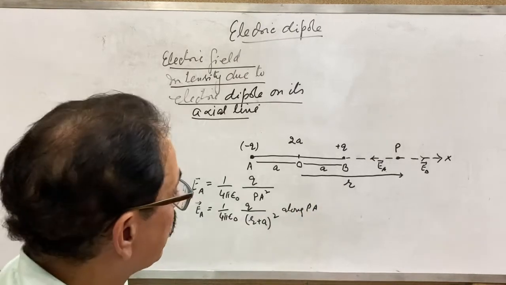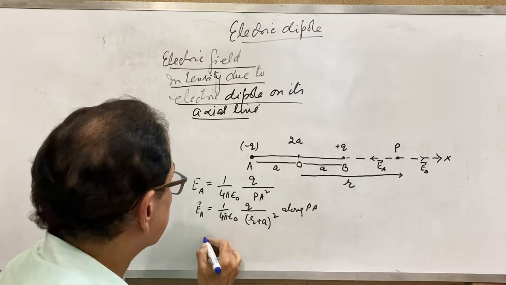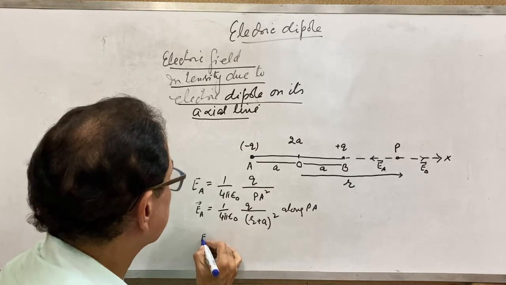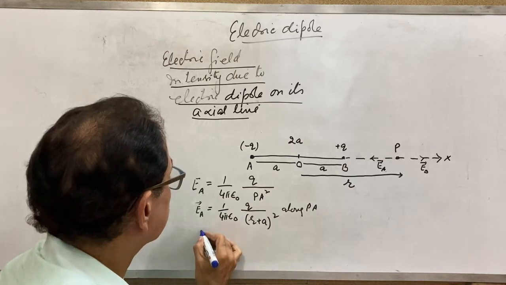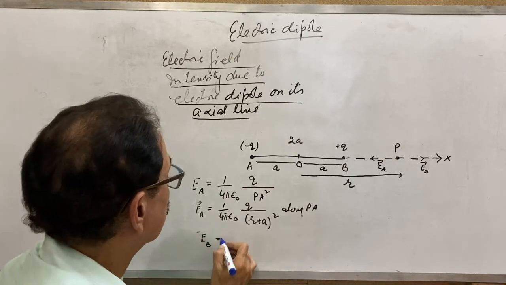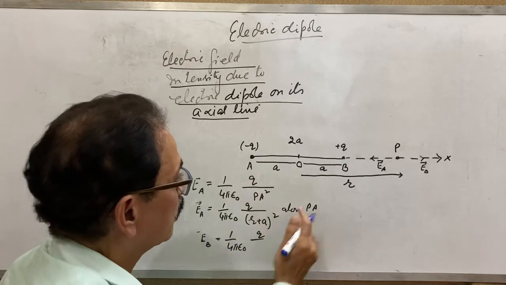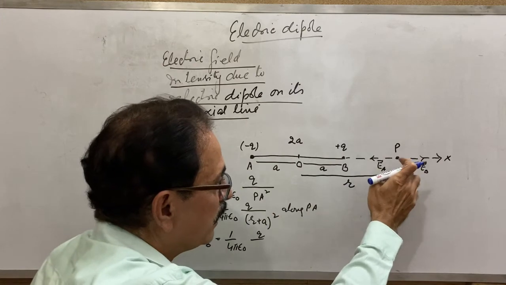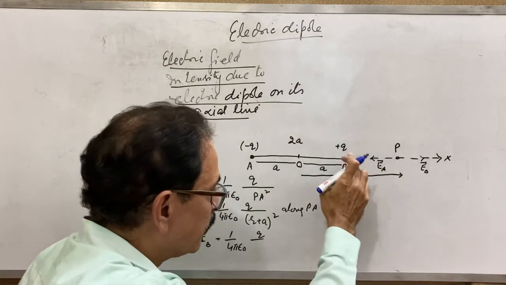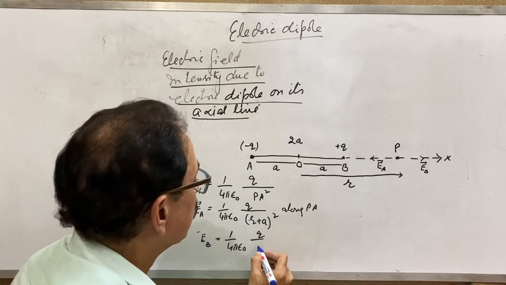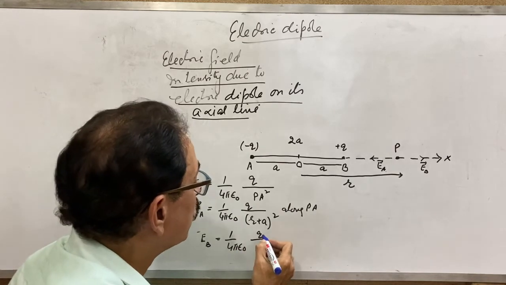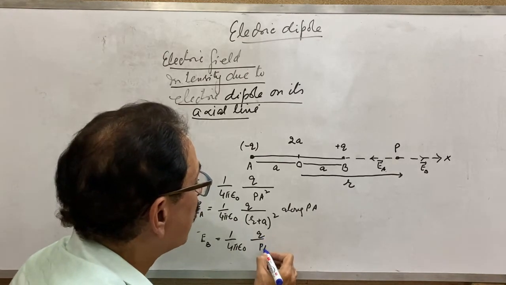Along PA. Similarly, electric field intensity EB at P due to plus Q is equal to 1/4 pi epsilon naught Q upon PB square.